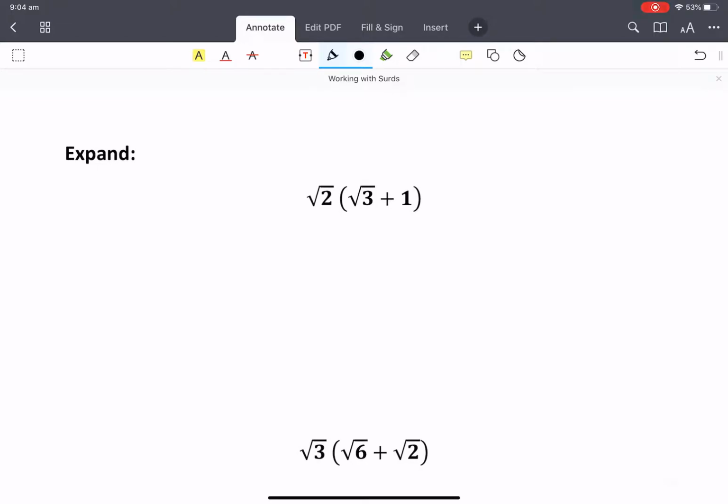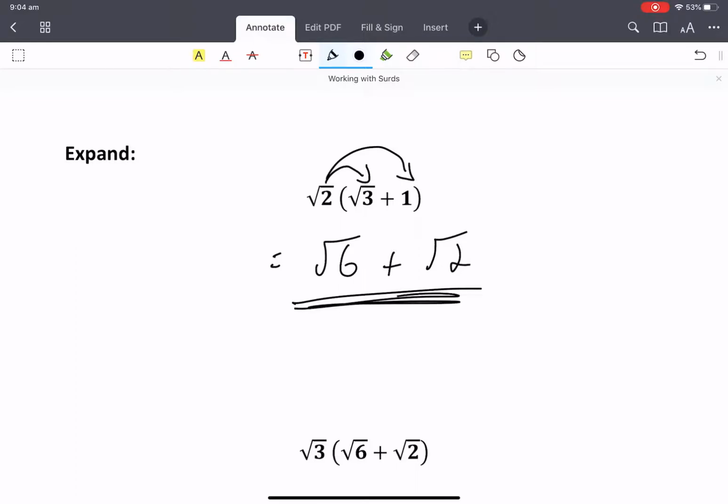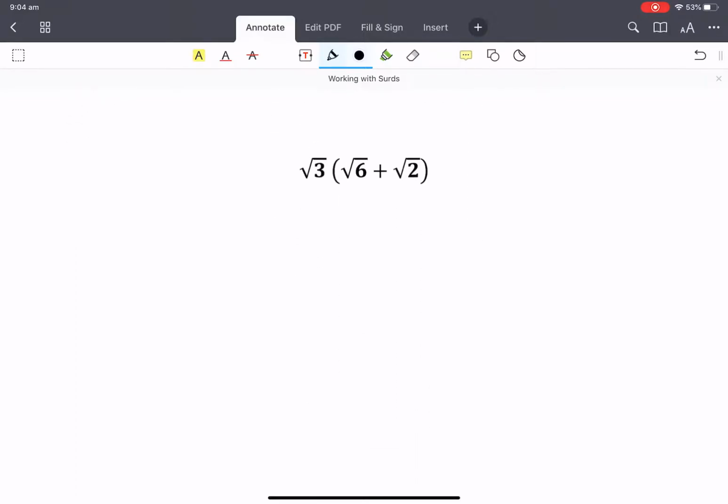We are going to expand. Root 2 times root 3 is just root 6. Root 2 times 1 is root 2. Are they like terms? Can I simplify it? No, so that's our answer. Expand. So that's root 18 plus root 6.